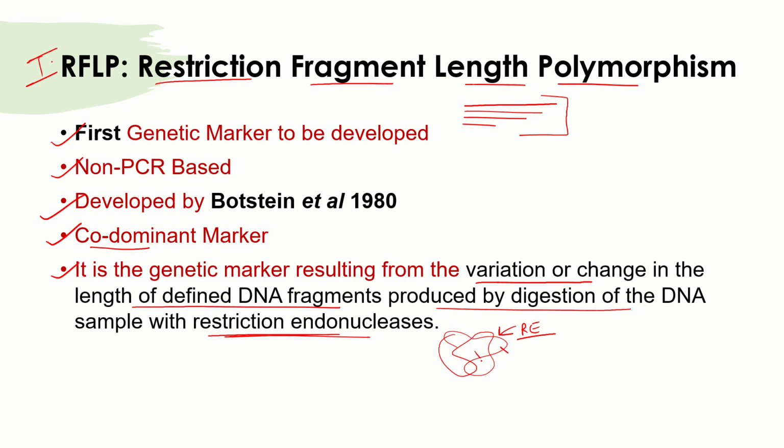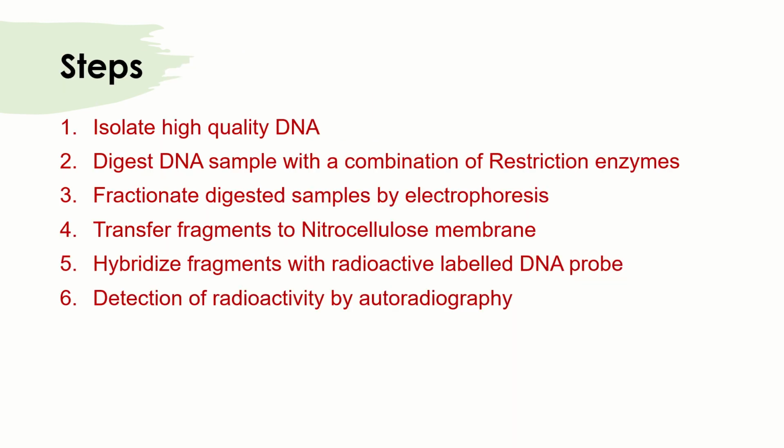It will cut at the particular sequence characteristic of that restriction enzyme, so that many fragments are generated. Then whatever changes are in the length of these restriction fragments are identified on the basis of bands, and then we can have its applications in different fields of genetic engineering.